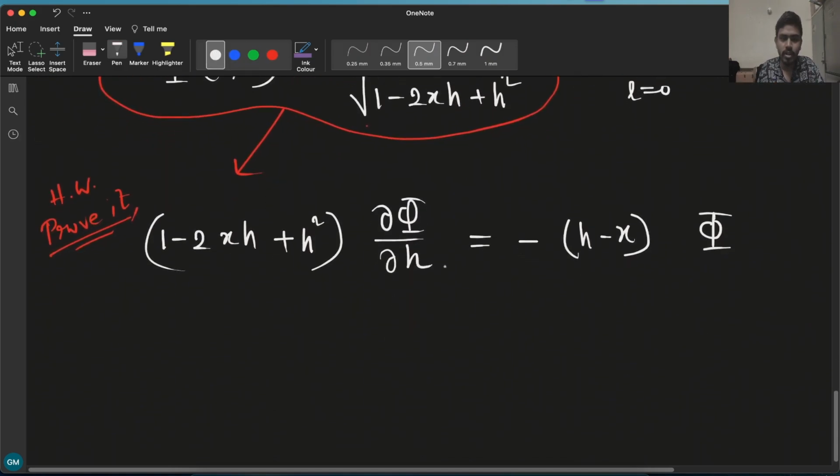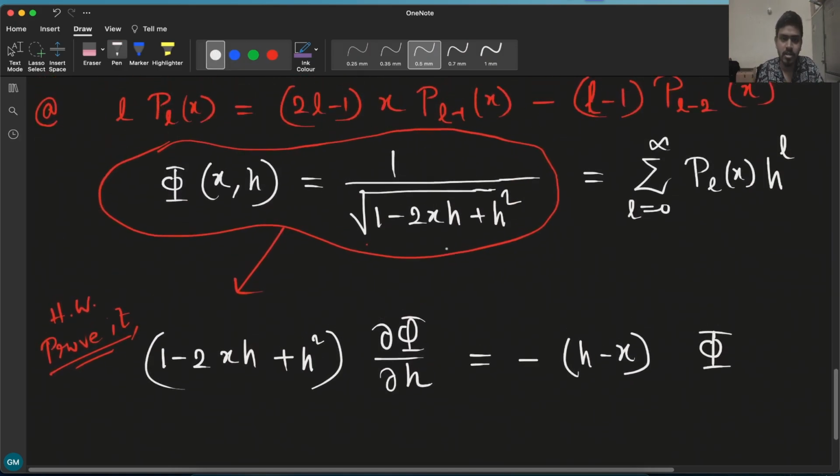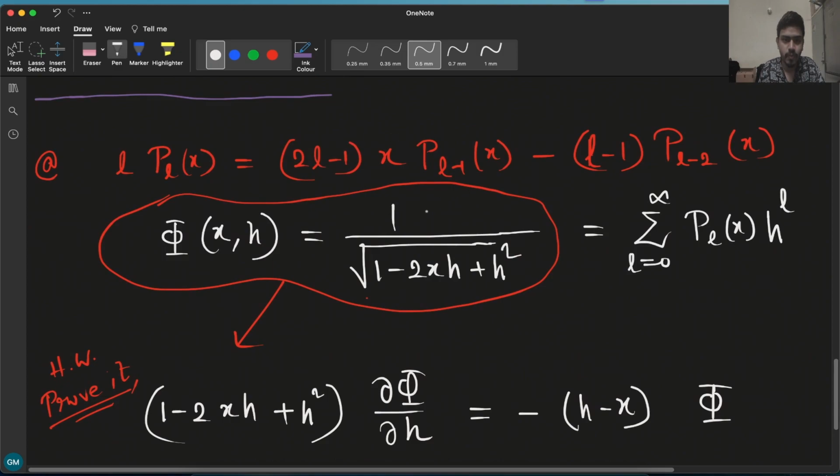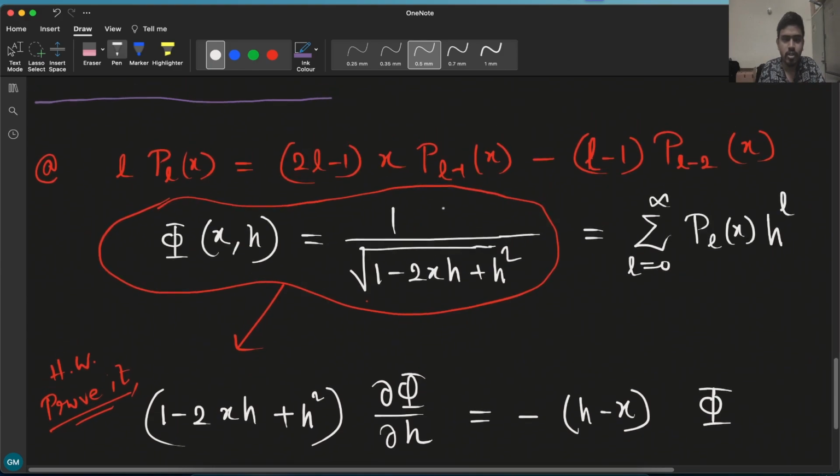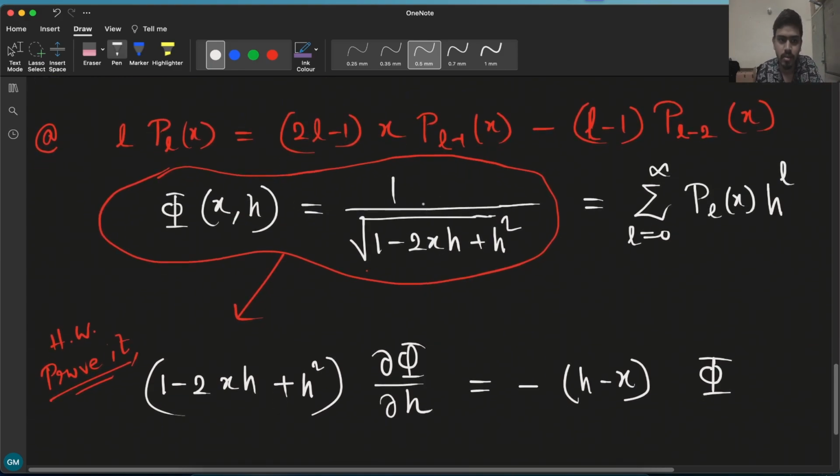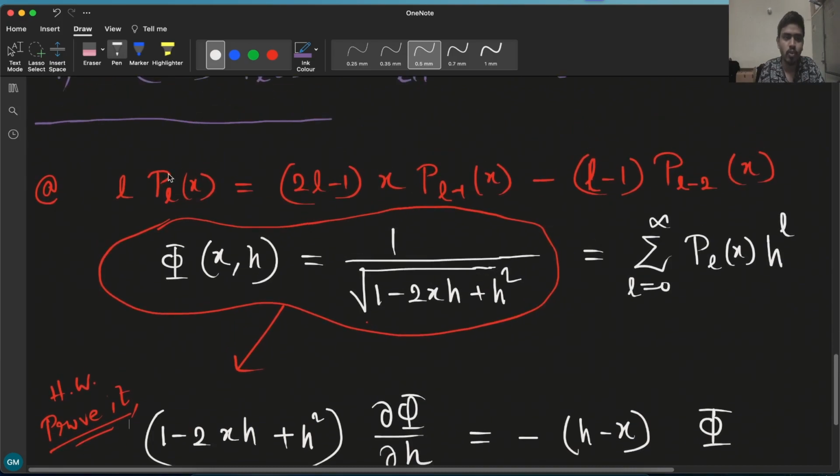Now why are we doing this, this del phi del h? If you look at this recurrence relation, you can see that there is no derivative with respect to x, so there is no P dash l or l minus 1 or l minus 2, but there are terms like P_(l minus 1), P_(l minus 2).